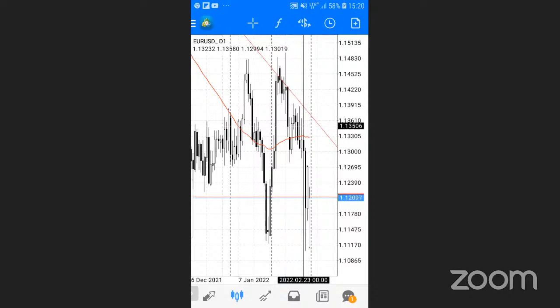I was looking at USD Russian rupee this morning, and we saw what price did. It moved so rapidly this morning, and currently it's dropping.